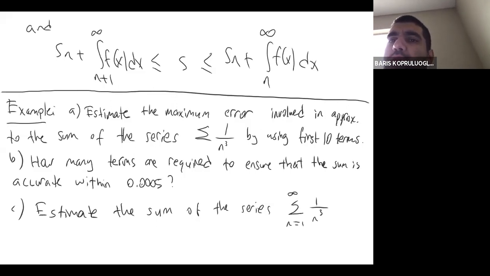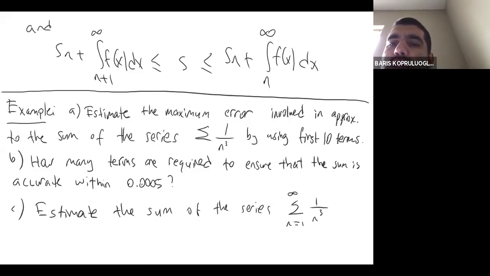Part A, estimate the maximum error involved in approximation to the sum of the series 1 over n cubed by using first n terms. And part B, how many terms are required to ensure that the sum is accurate within 0.0005.